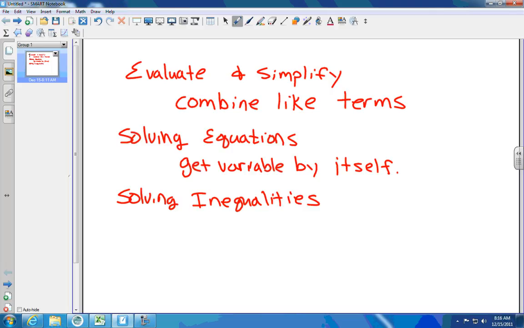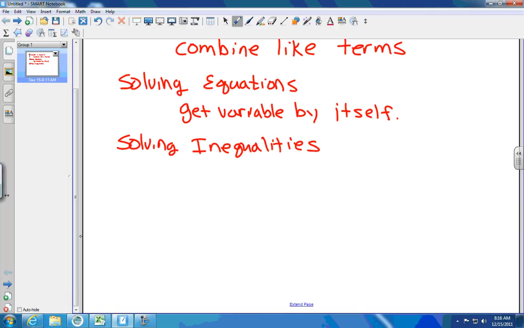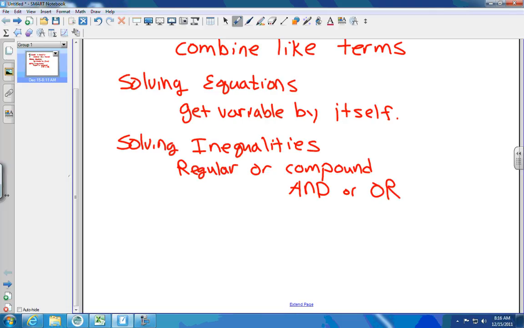Now, the inequalities can be a regular inequality, or they can be compound. What are the two types of compound inequality? And and or, conjunctions and disjunctions, however you look at that. So and or inequalities.